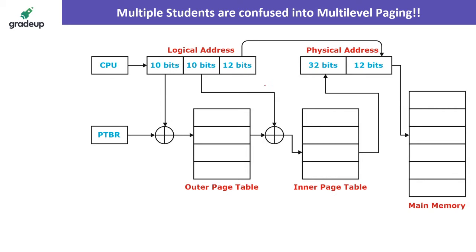So basically your LAS is equal to 32 bits, and PAS is 44 bits, we have seen. So basically you have an outer page table and an inner page table. So this is the proper diagram of multi-level paging. So the first 10 bits will be used for the outer page table, the next 10 bits will be used for the inner page table, and 12 bits will be for your page offset.